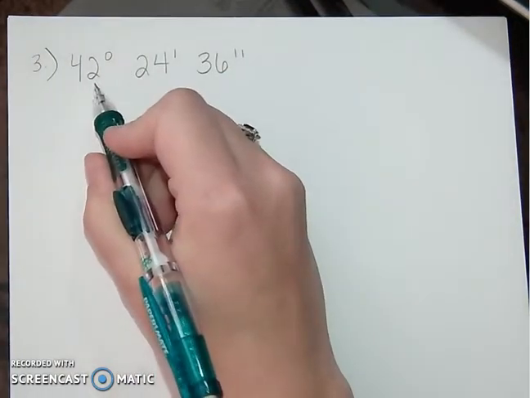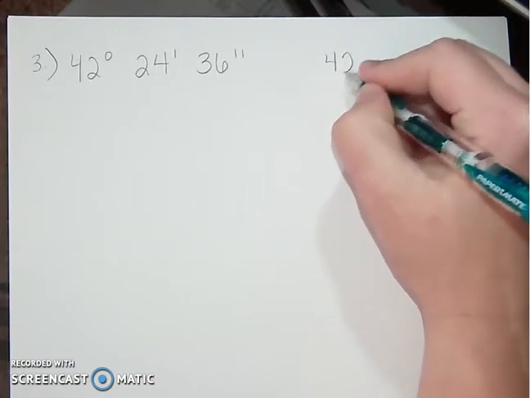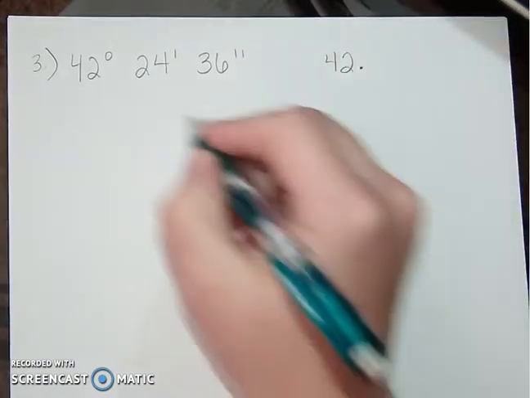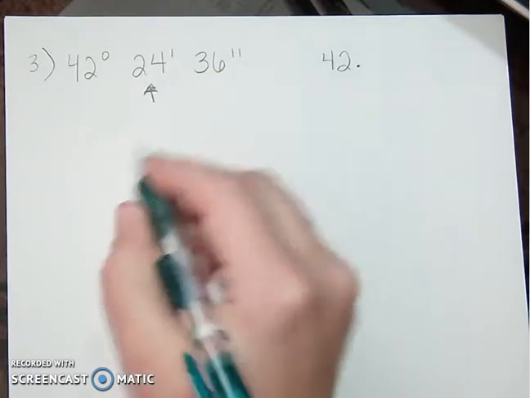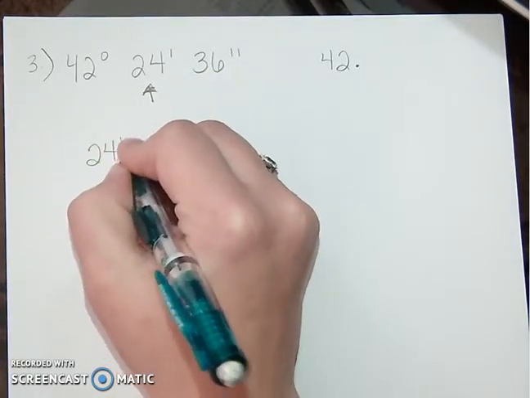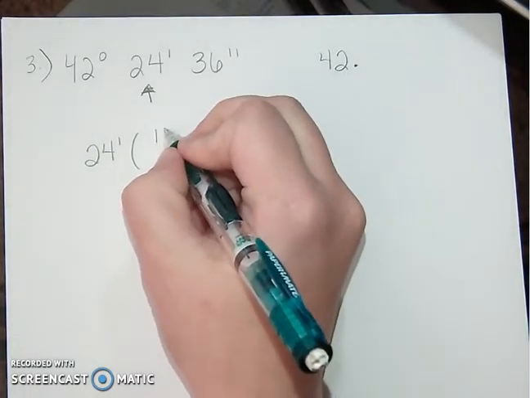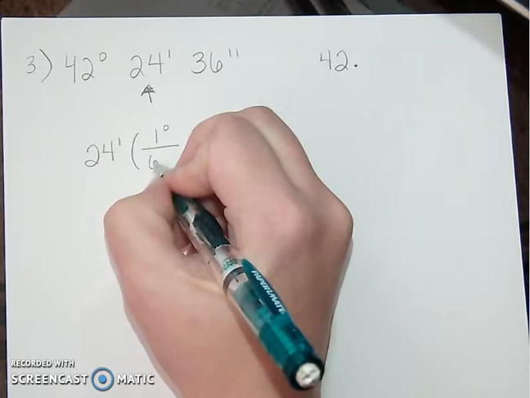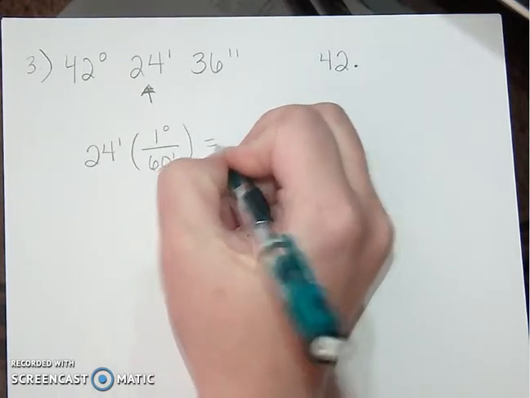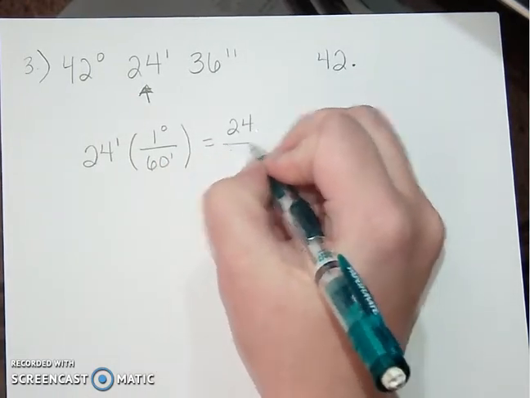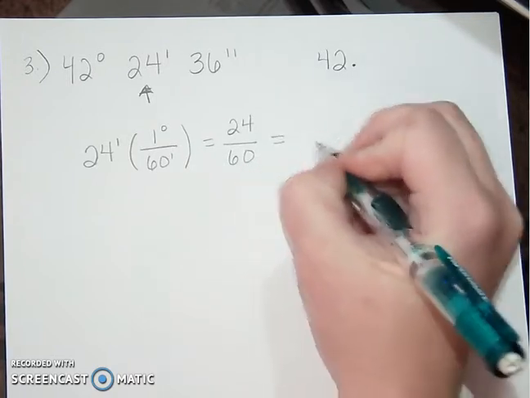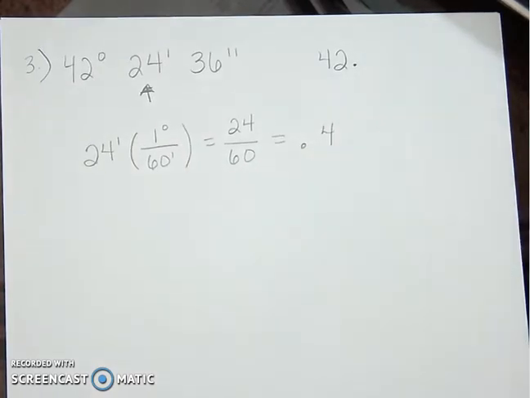We have our degrees, so we know this is going to be 42 point something. We're going to convert this first, so 24 minutes. And again, remember, I want it to become degrees, so this time I'm going to multiply by 1 degree over 60 minutes. That's 24 over 60, or 0.4 as a decimal.